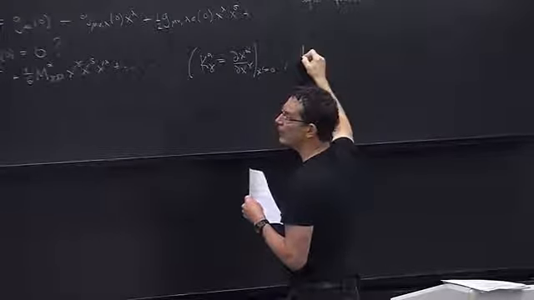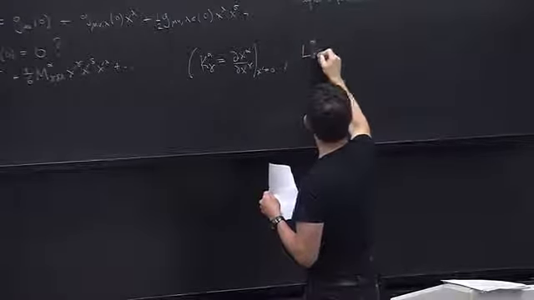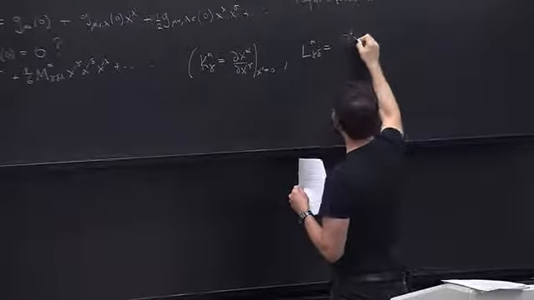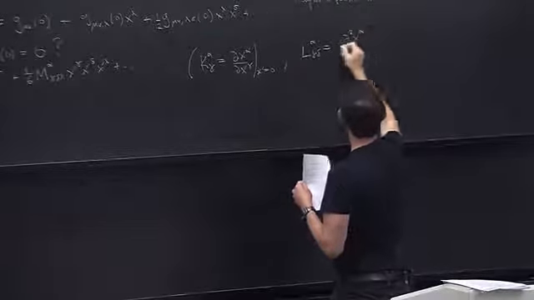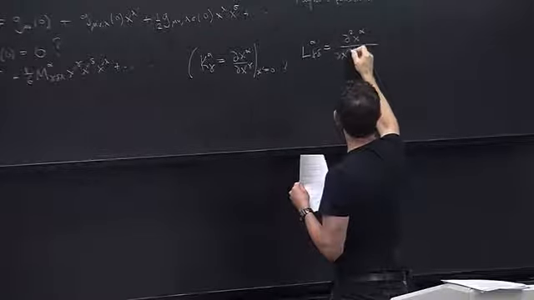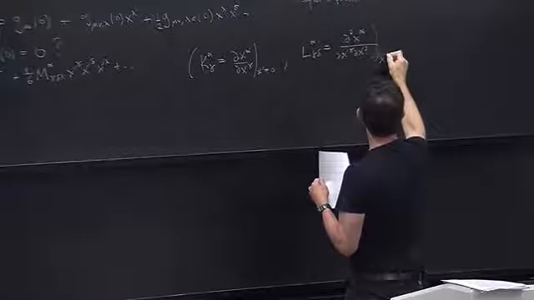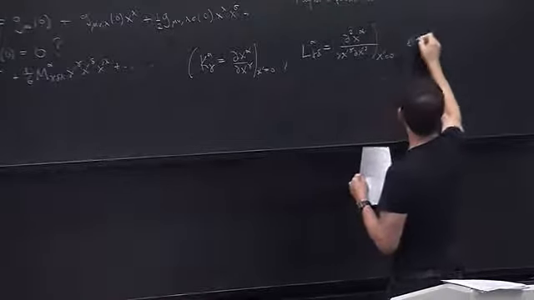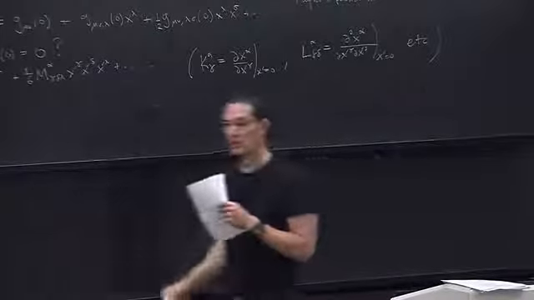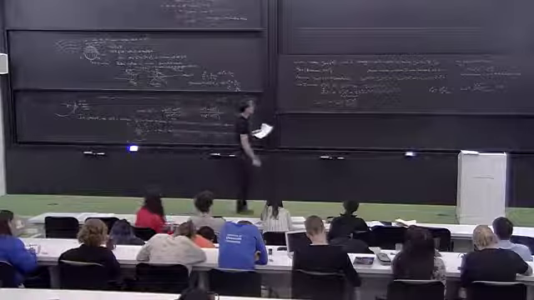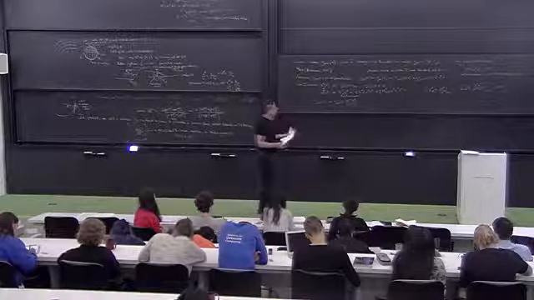And L alpha gamma delta equals d2x alpha dx prime gamma dx prime delta evaluated at x prime equals 0, etc. So it's really just a Taylor series, and these coefficients are nothing but the derivatives of the coordinate transformation at x equals 0. Okay, now we have everything we need.